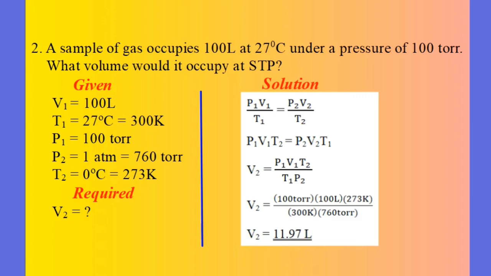The given quantities of this example are V1 is 100 liters, T1 is 27 degrees Celsius or 300 Kelvin, P1 is 100 torr, and P2 and T2 are 1 atmosphere and 273 Kelvin respectively, because they are at STP.